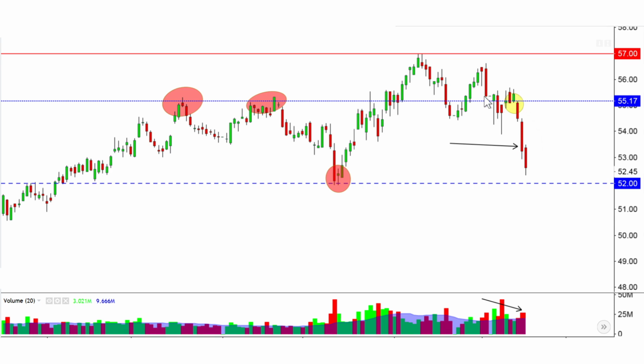This shows it was more of a temporary pause around the 55 support, and now it is likely the next support will be around 52, as it was the site of a major upswing in the recent past.